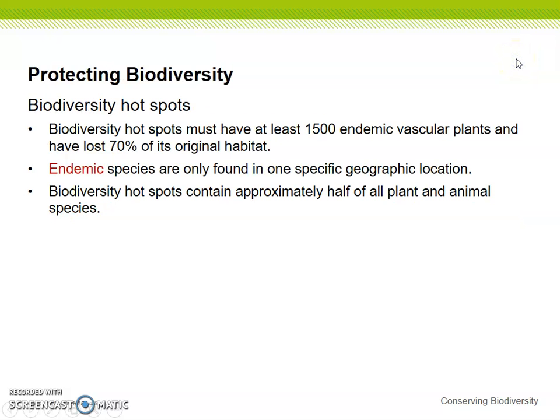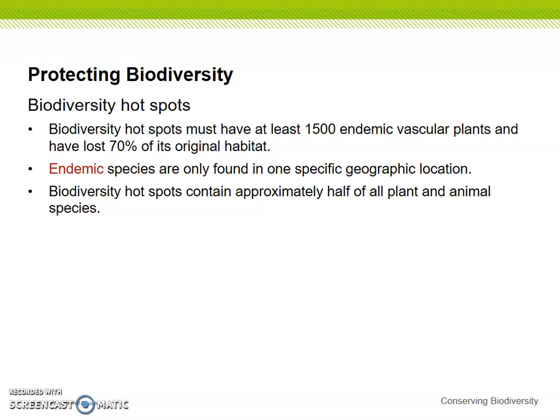Protecting biodiversity. Biodiversity hotspots. Biodiversity hotspots must have at least 1,500 endemic vascular plants and have lost 70% of its original habitat. Endemic means that it is found only in one specific geographic location. So you can't go anywhere else and find that species.